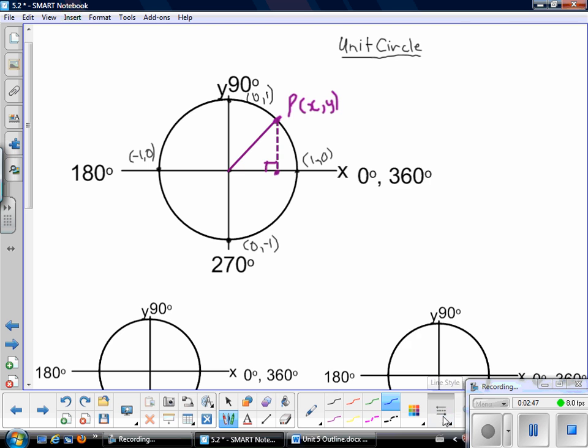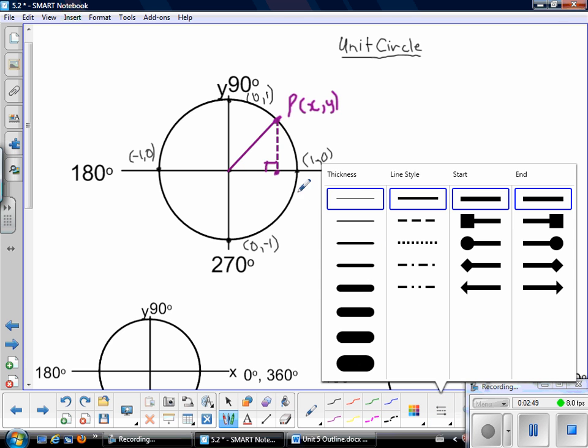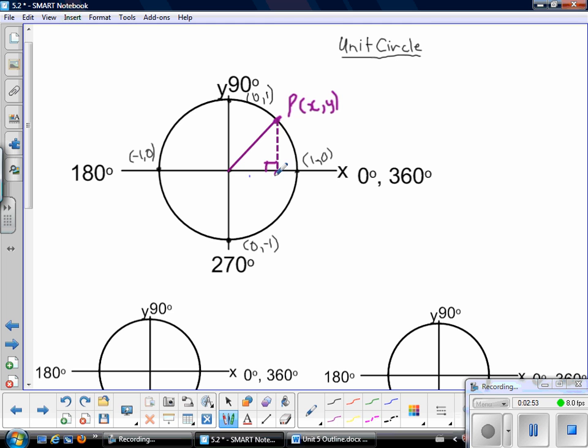So that will be our x value. If we wanted to put the coordinate, it would be (x, 0), or the length here would be x. And also, if I go across here, I would know the distance along the y-axis. It's the same distance as the dotted line that we dropped down.